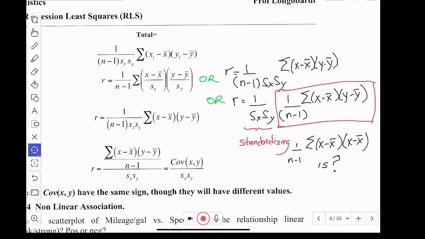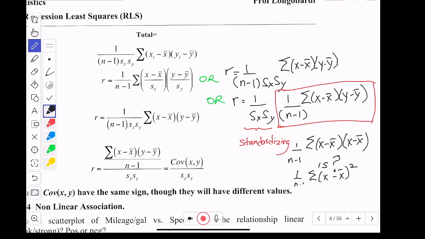I can write it one more way. Can't erase that. What's this? Okay. But what do we call this thing?